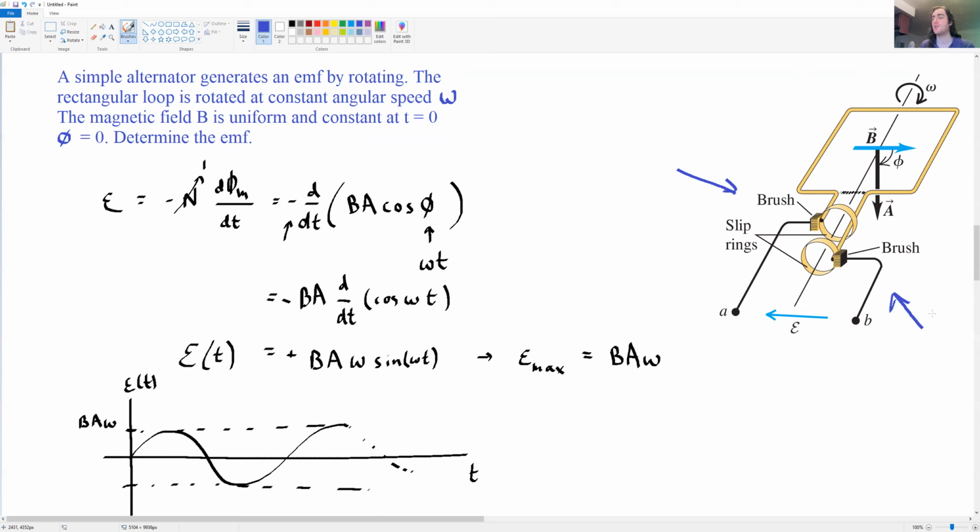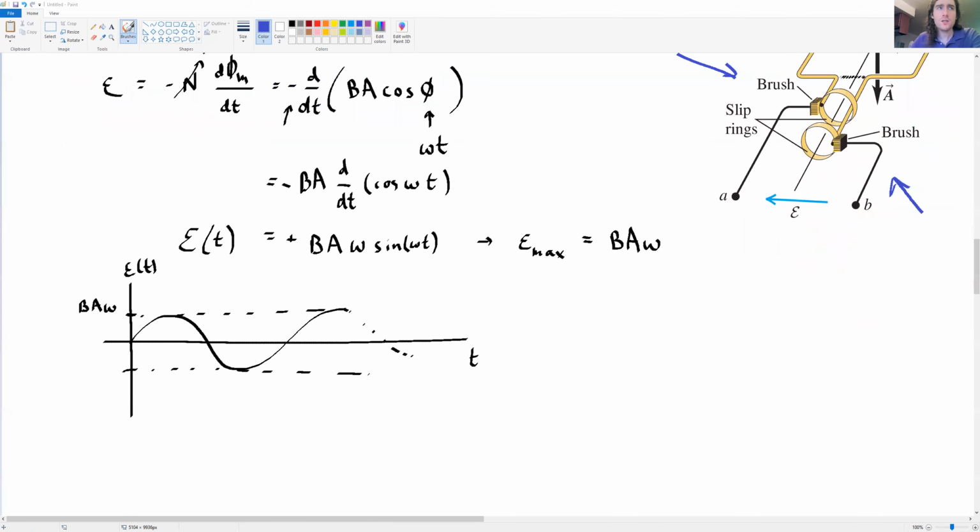So this voltage here really is an alternating voltage. It is going to go positive, it is going to go negative as the loop begins to turn. On one rotation, the flux might be increasing. On another rotation, the flux might be decreasing, right? And so this thing really is going to alternate.